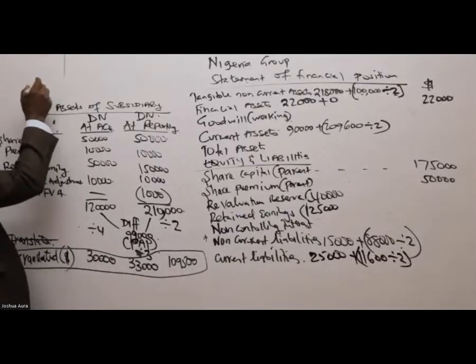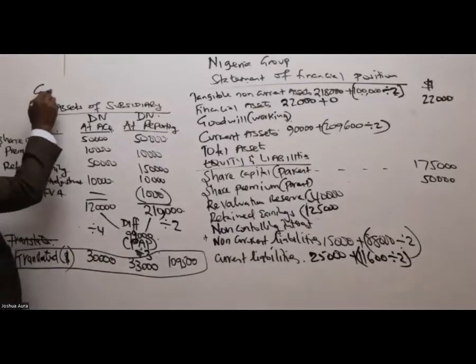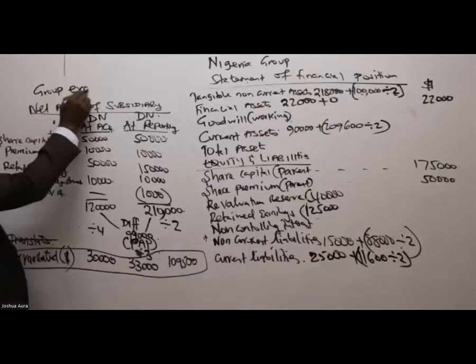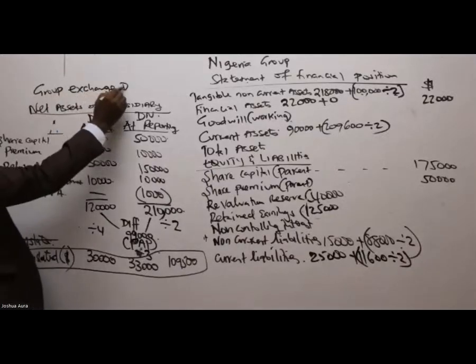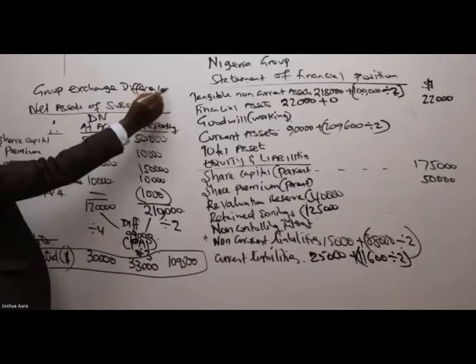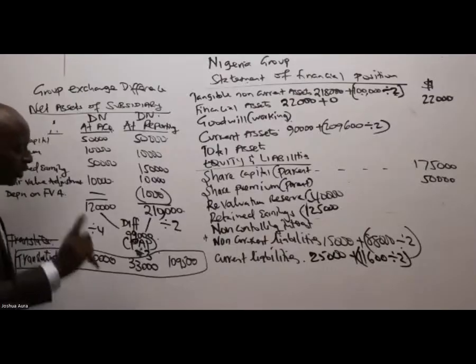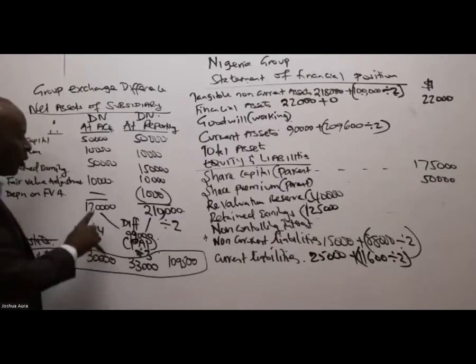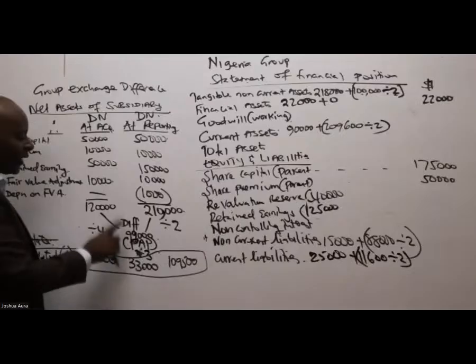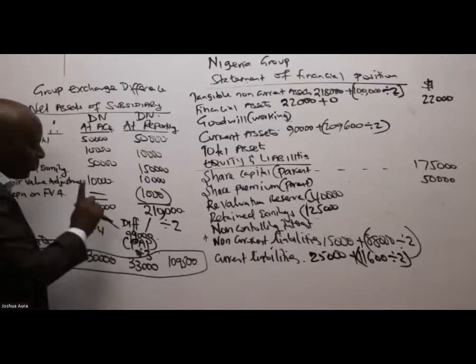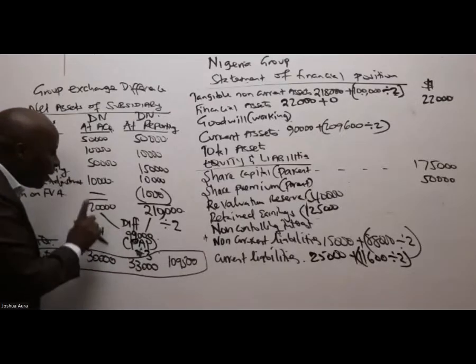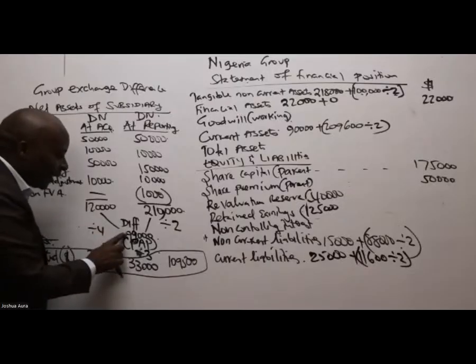Come and give us what we call the group exchange difference. When you are translating here, there will be exchange differences. How do these exchange differences come about? Listen to me very well. Can somebody give me 120,000 plus 99,000?